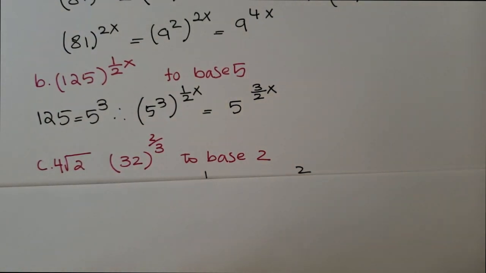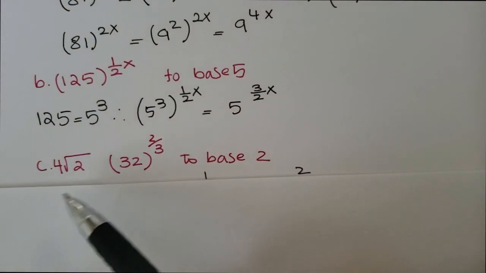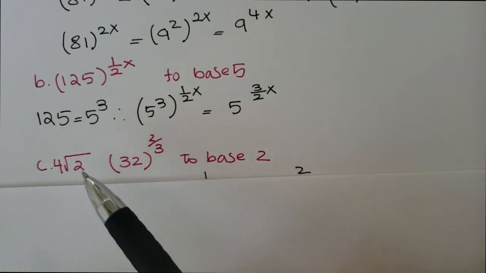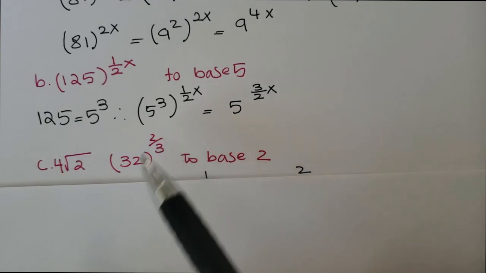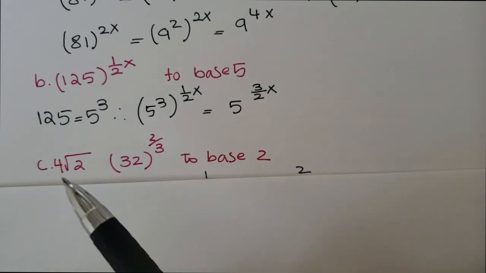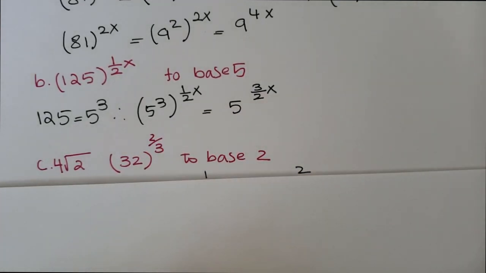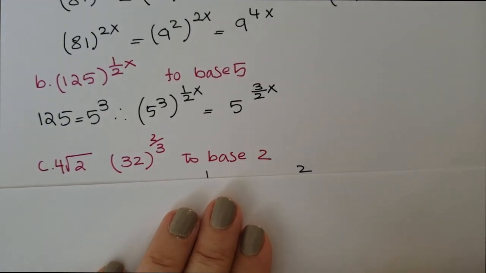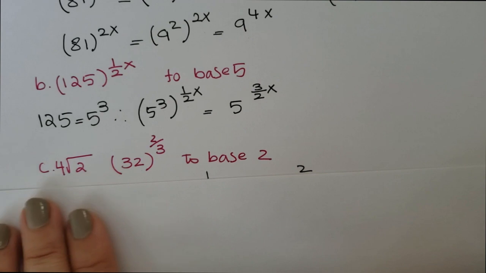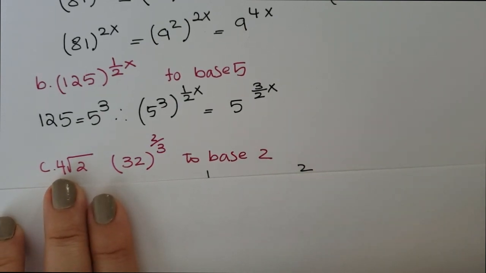This is very interesting because here we have 4 times radical 2 times 32 raised to the power 2/3. If you look closely, they're asking for the base to be changed to 2. But I want you to pay attention to something. Here, the 4 is a constant and the power is 1.